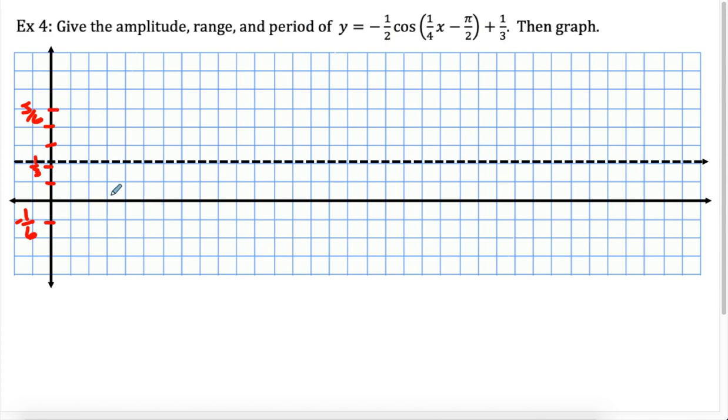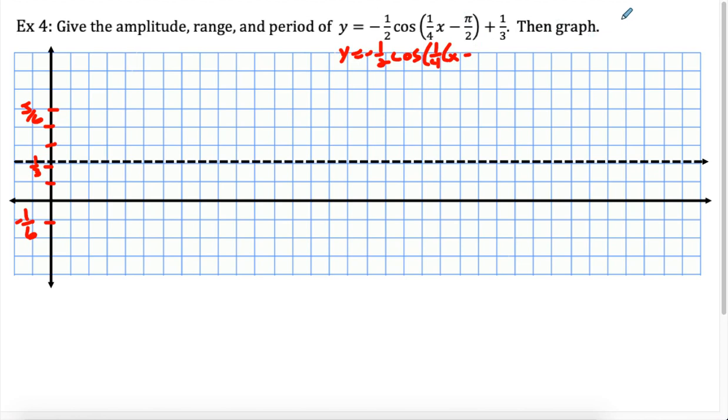Now we need to factor out a b value. Here, if I factor 1/4 out of these values, we get 1/4 times x minus pi over 2 divided by 1/4.